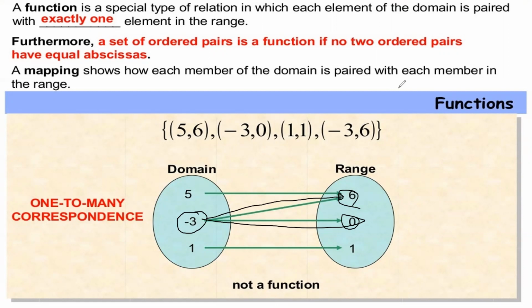Therefore, it defeats our meaning of function, and that makes this set of ordered pairs not a function. Okay, always remember, one-to-many correspondence is not a function.